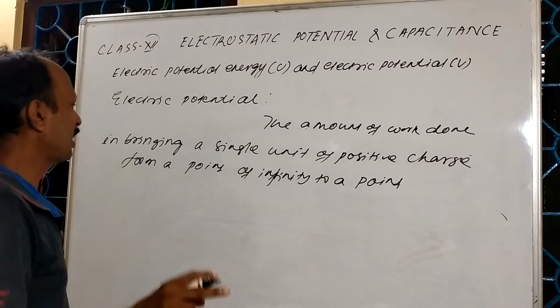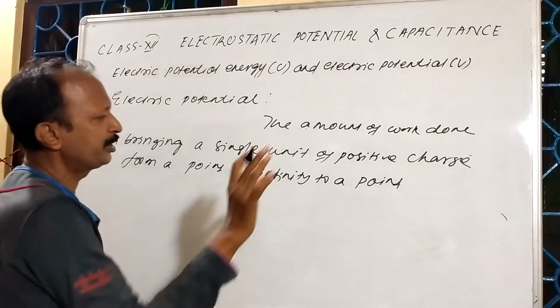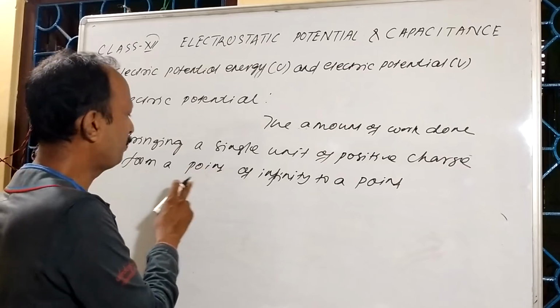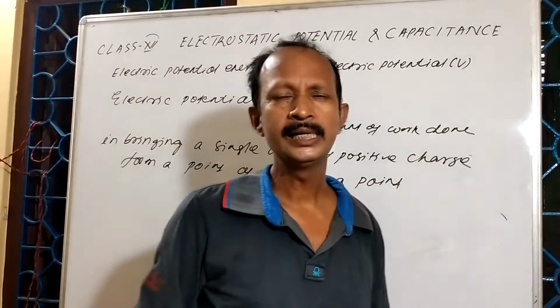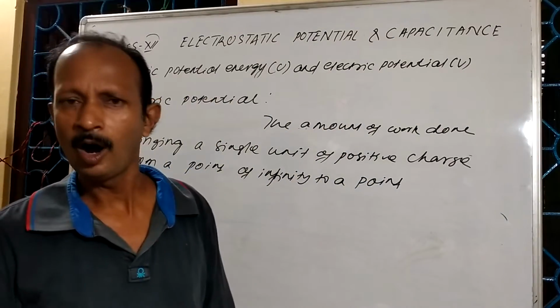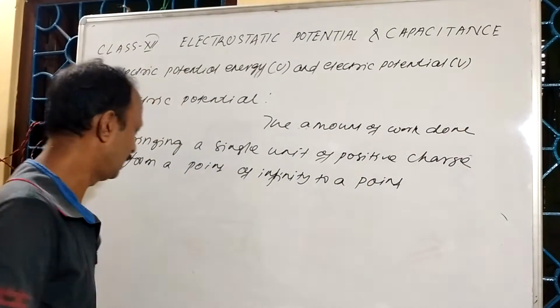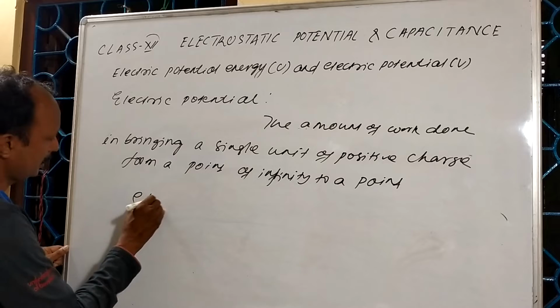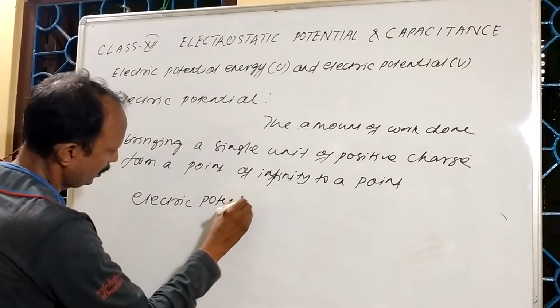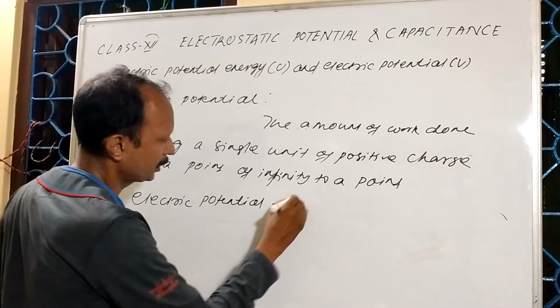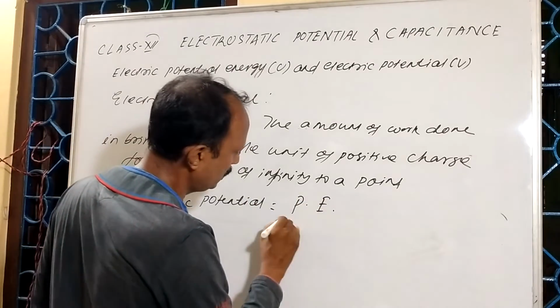The amount of work done in bringing a single unit of positive charge from a point of infinity to a point is called the electric potential of that point, or I can say that this electric potential is equal to potential energy per charge.